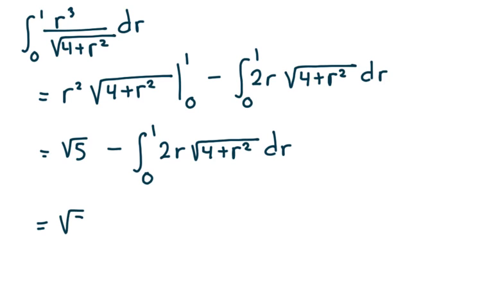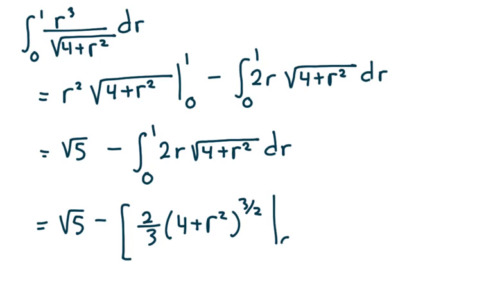So this is square root of 5 minus. Now, this integral, I claim, will be 2/3 times 4 plus r squared to the 3/2, evaluated from 0 up to 1. So this is square root of 5, and then I'm going to subtract off the quantity.